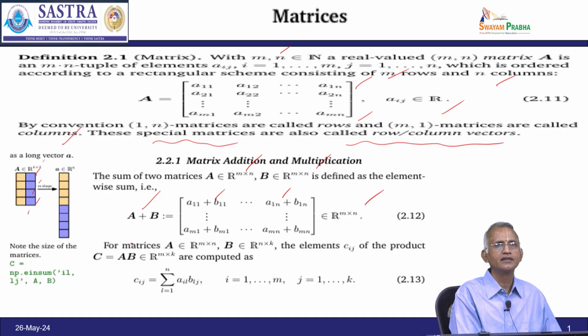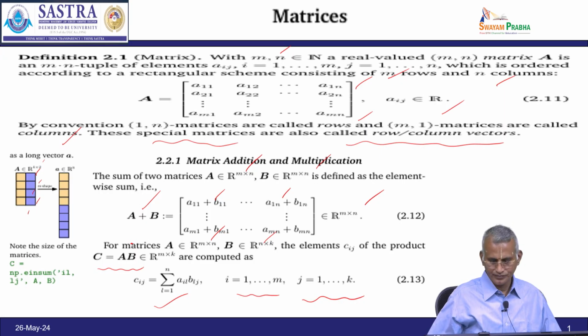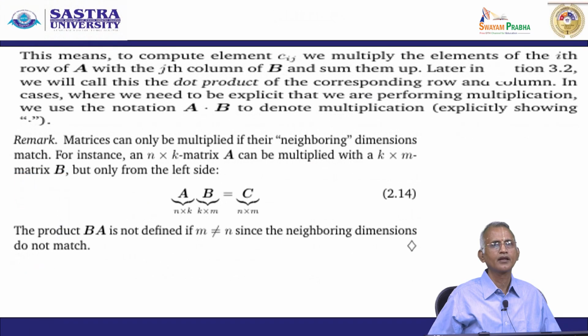For matrices A belonging to R power m cross n and B belonging to R power n cross k, the element Cij of the product C equals AB, belonging to R power m cross k, is computed as Cij equals summation l equals 1 to n of Ail Blj, where i varies from 1 to m and j varies from 1 to k, or in the general matrix representation.